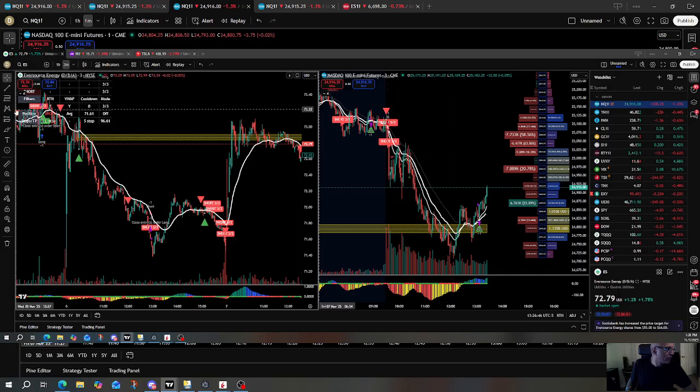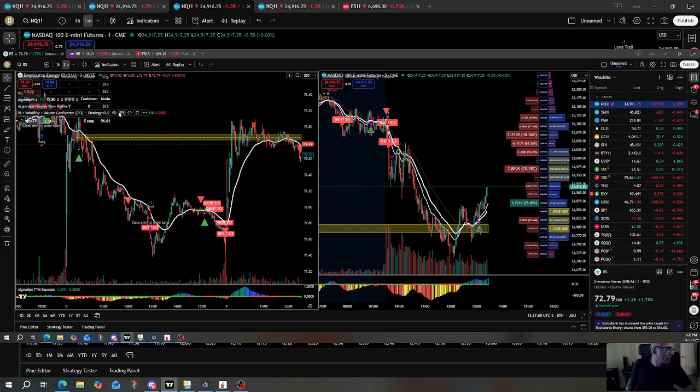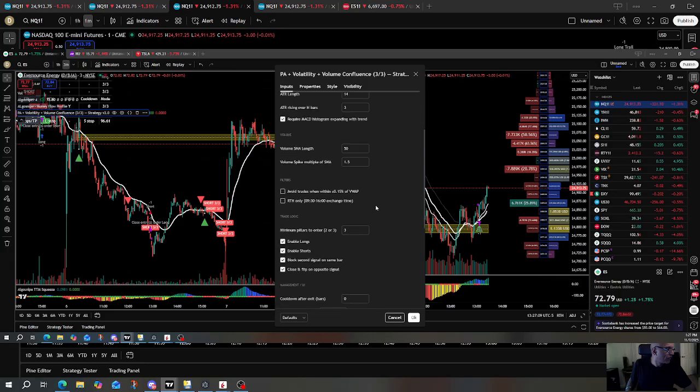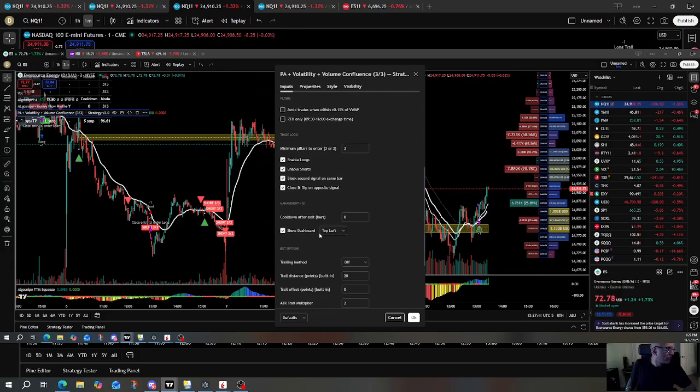Where is it? You can actually move this box as well. You can go into the setup here, into the settings. Where is it? Right there. And you can move the box either here, here, here, here. I'm gonna move it to the right side. Right there, show dashboard. I'm gonna put it top right.